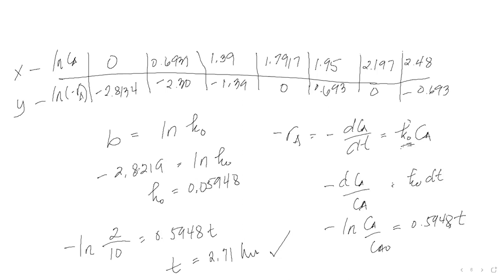Ang gimme niya miss pagkuha sa time is Oo, miss ang time. dali na yun. LNCA over CEO. this is 2, this is 10. Then equals dapat Equals dapat miss sa 0.059. Hindi siya, 0.59. Maging divide pa siya sa 10.